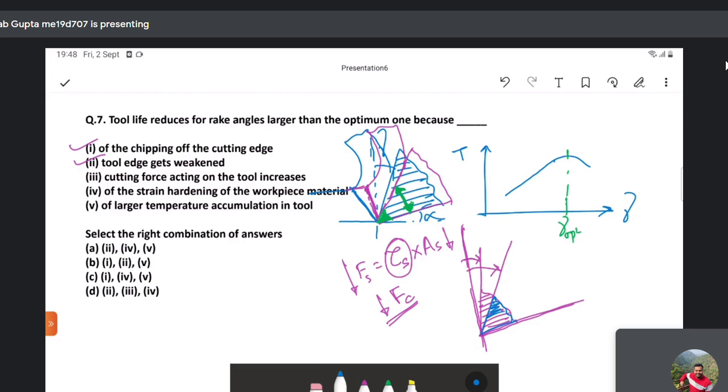This is my new section of the tool, and it has lesser area for the dissipation of heat. Hence a larger portion of the heat gets accumulated, and it leads to an increase of temperature in that region. So 1, 2 and 5. My option B is the correct option here.